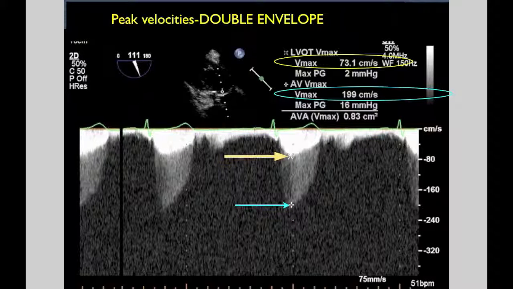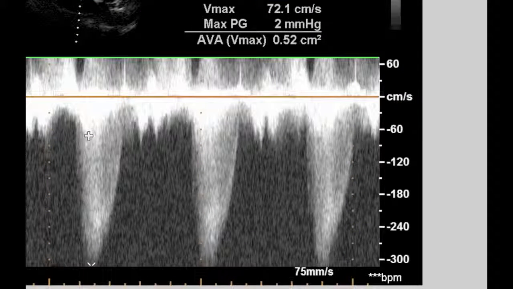Here we have an aortic valve area that was calculated at 0.52 with this double envelope technique using peak velocities. Notice that they've simply put the samples at the peak of the left ventricular outflow tract gradient, which is that lower gradient, and at the peak of the aortic valve gradient, and use that to approximate the velocity time integrals.